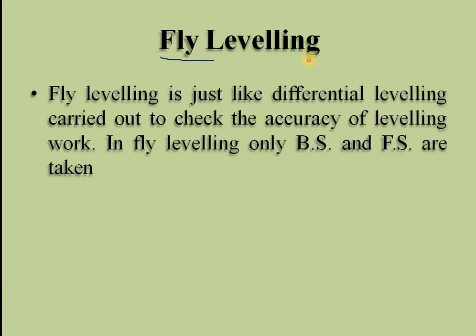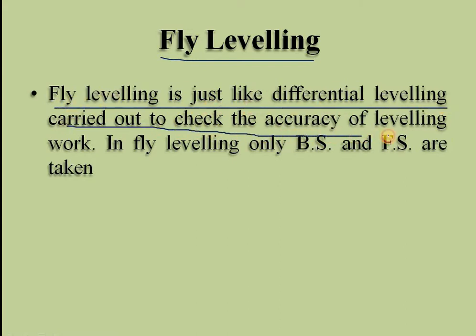And the next one is fly leveling. What is fly leveling? Fly leveling is just like differential leveling, carried out to check the accuracy of leveling work. In fly leveling only BS and FS are taken.